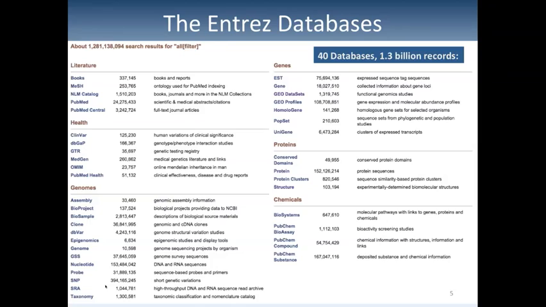And the records range from literature records in relatively well-known databases such as PubMed and PubMed Central, to health records such as records about genetic tests or interactions between genotypes and phenotypes, human variations in disease, to genomes, full genome sequences, epigenomic studies, nucleotide sequences, next generation sequences, etc., gene sequences, expression information from the GEO database, and protein sequences and information in three-dimensional structures, as well as the PubChem suite of resources about small molecules, chemicals, drugs, and their bioassays.